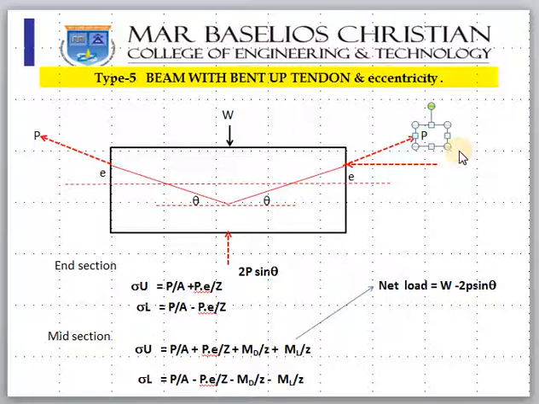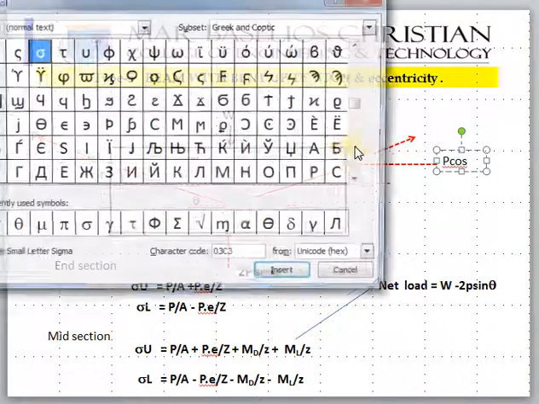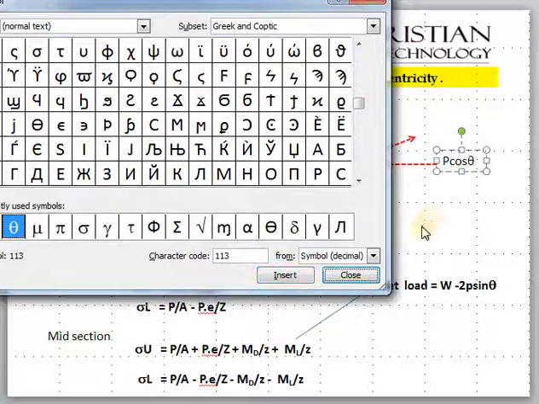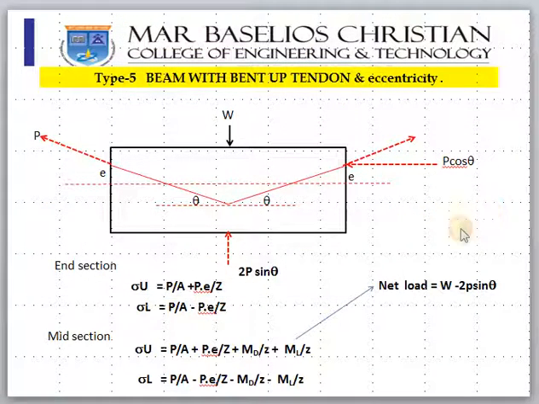Since theta is very small, cos theta can be taken as 1. So P cos theta can be written as P itself, because theta is very small.